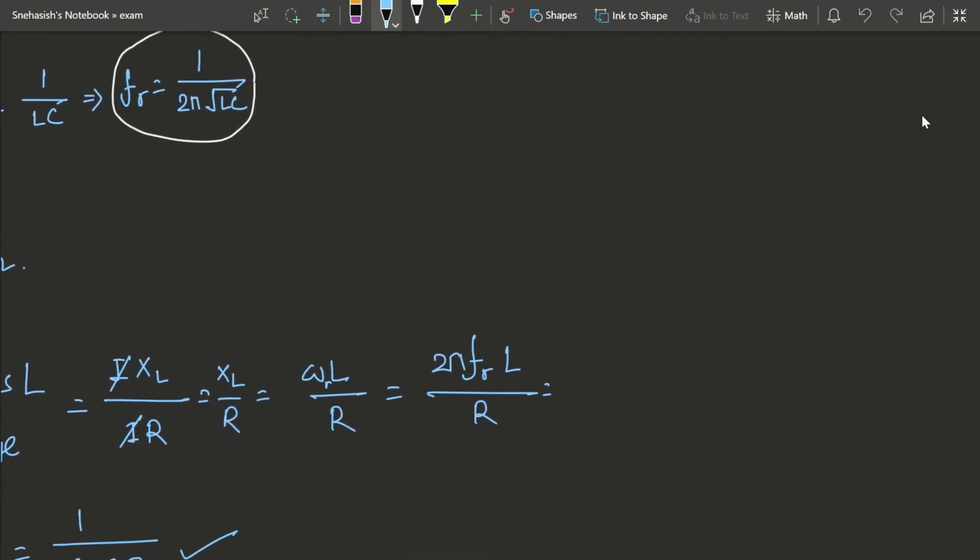Okay, so right here, and after writing this we will get square root of L upon RC. Sorry, the R will be outside of the square root.